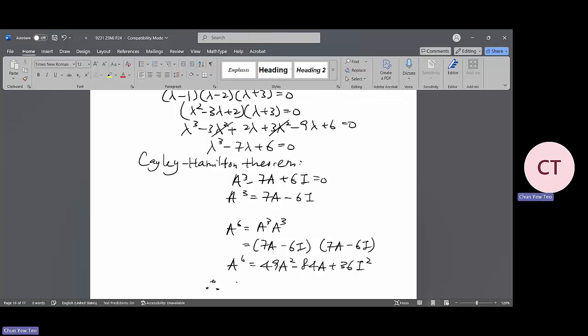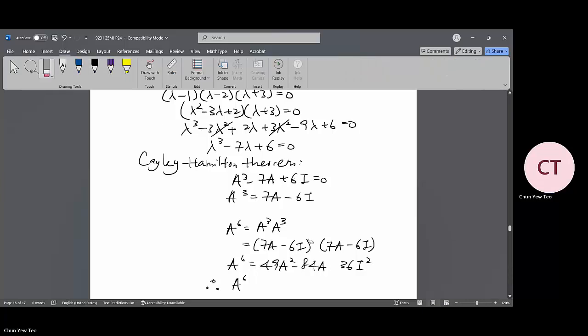So therefore your A to the power 6, by right, this one is AI. Okay, it's AI. Then you can simplify further, to become 49A squared minus 84A plus 36I. Done. This will be the answer for number 7B.